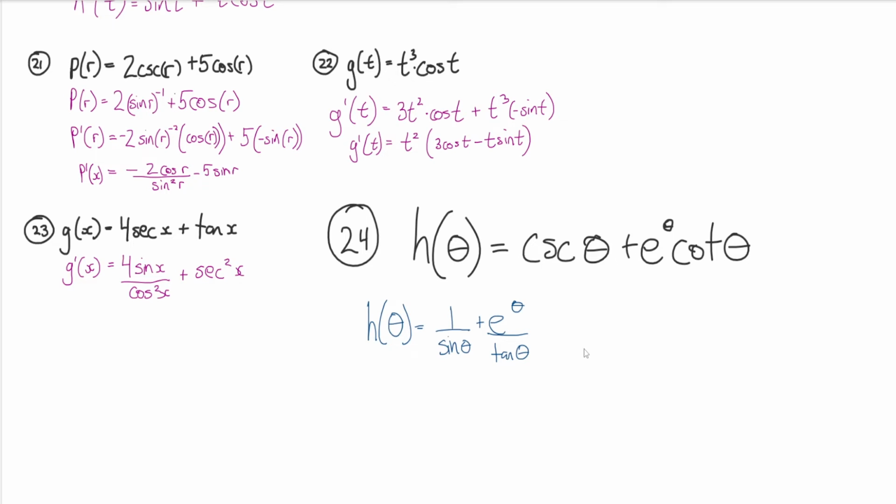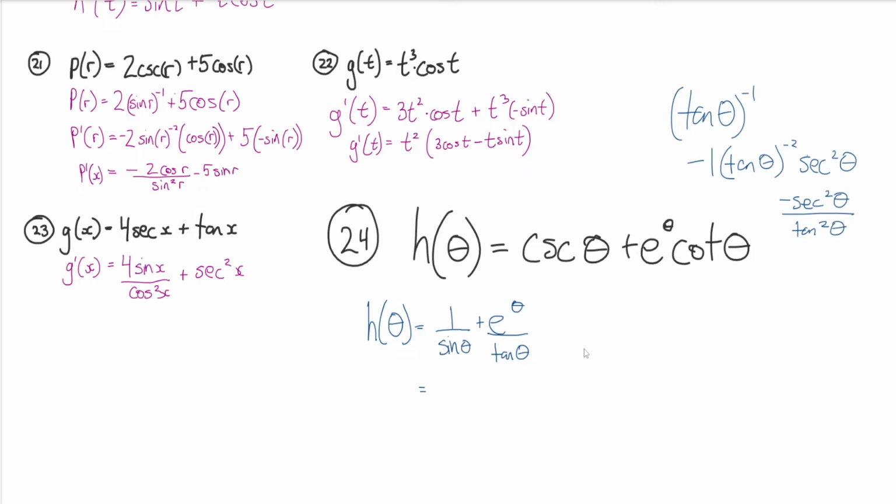But let's just do this as a quotient, or we can do tan theta to the minus 1. We get minus 1 times tan of theta to the minus 2 times secant squared of theta. So we end up with negative secant squared theta over tan squared theta.